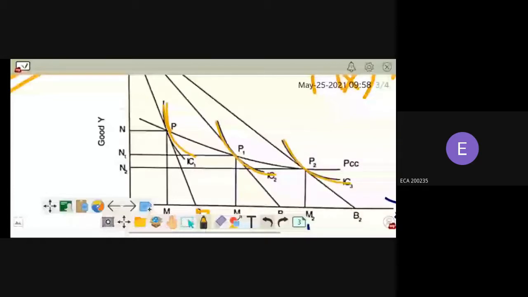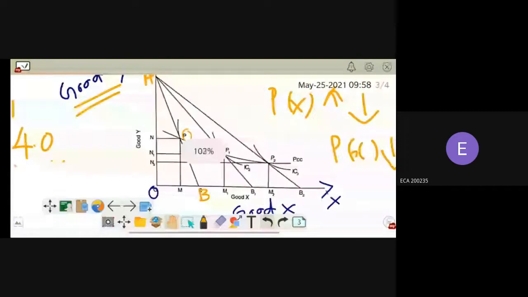So a higher indifference curve shows a higher level of satisfaction, right? And I can see that the budget line AB at point P, the indifference curve IC1 is tangent to budget line AB, and the equilibrium point is P. The quantity of Y purchased is ON, and the quantity of X purchased is OM.